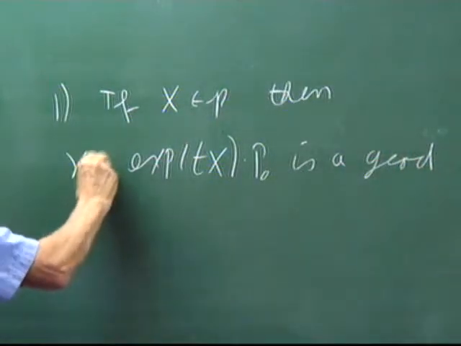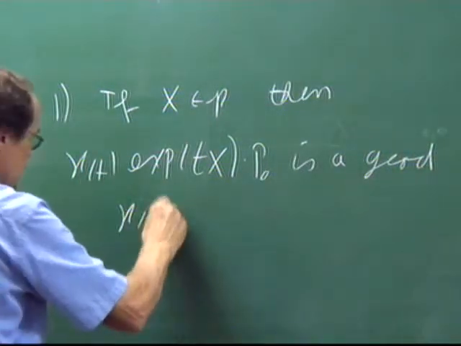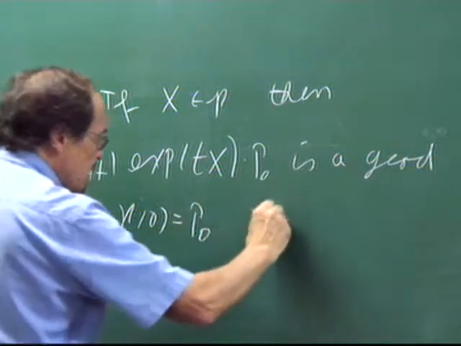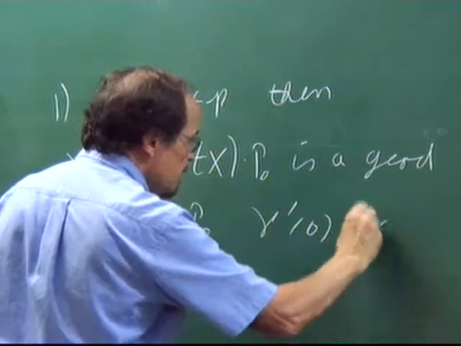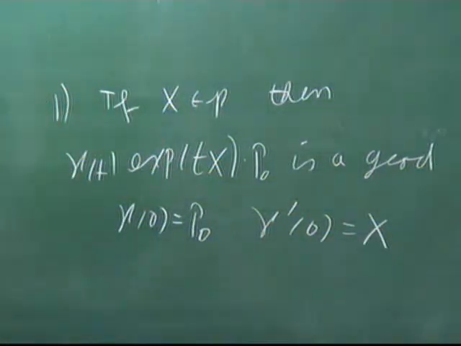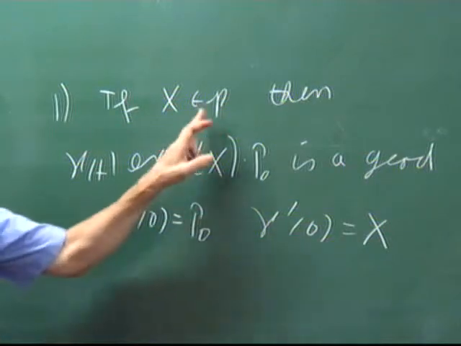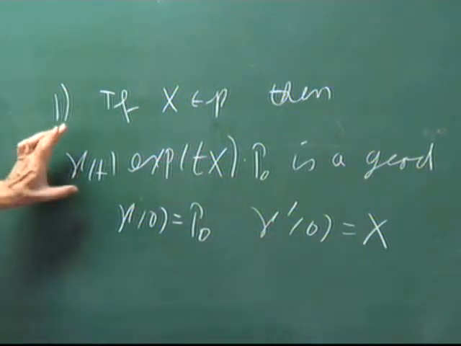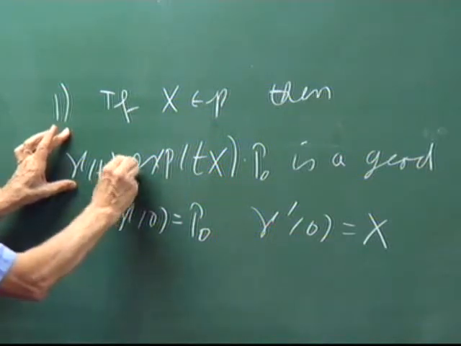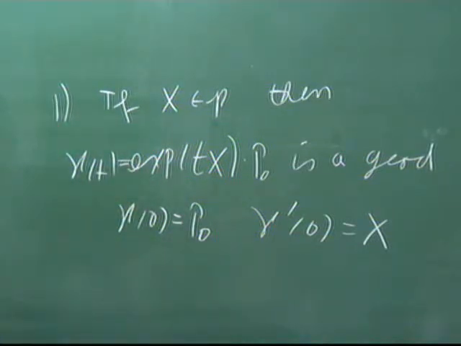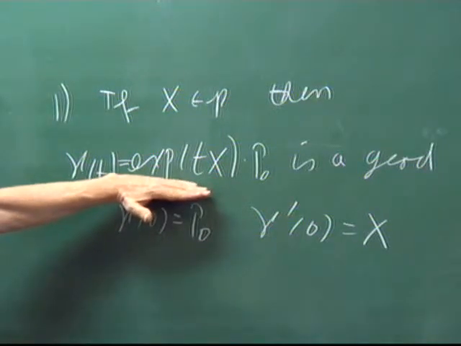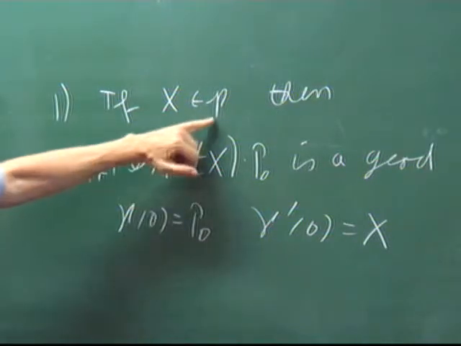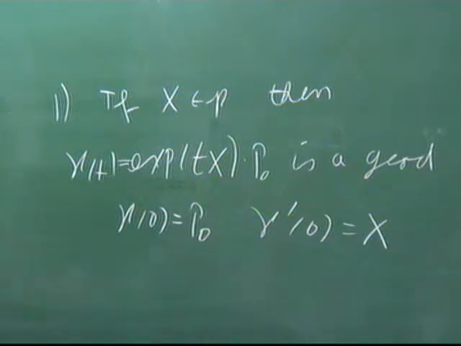So for that gamma of t, gamma of 0 is the base point, and gamma prime at 0 is X, interpreted as an element in P, which identifies the tangent space. So this first claim describes what all the geodesics look like in a symmetric space, and it is a very simple description. It's just take a one-parameter group in the direction of a vector of P and apply it to the base point. So it's very easy to compute geodesics in a symmetric space.